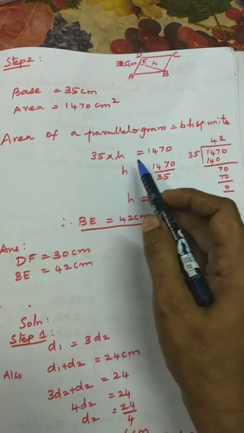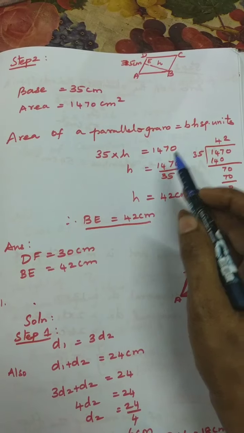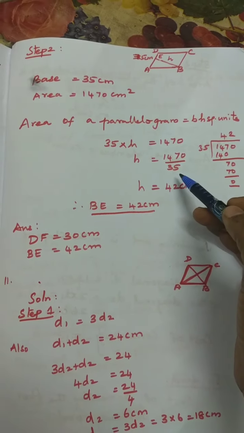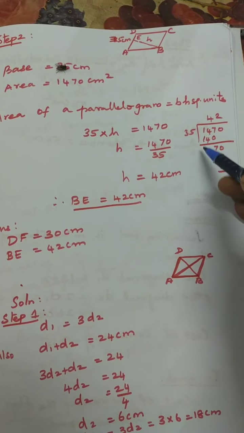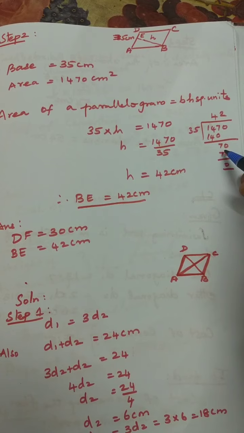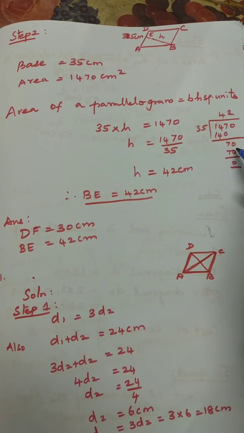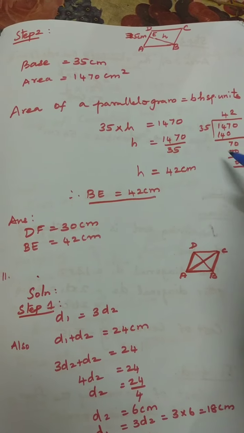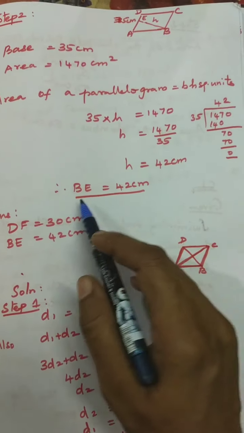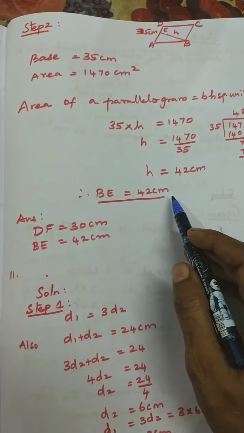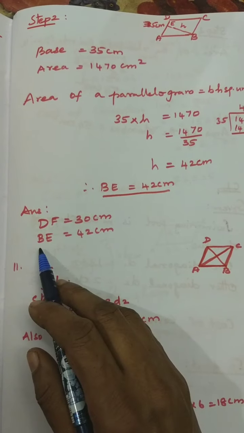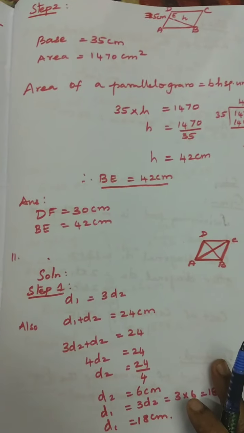That is 35 into H is equal to 1470. Then bring the 35 this side, it becomes the denominator. Now divide. 4 times 140, then subtract, 7, then bring down 0. 70 is 2 times. Height is equal to 42 centimeter. So BE is equal to 42 centimeter. And answer, DF is equal to 30 centimeter, BE is equal to 42 centimeter.